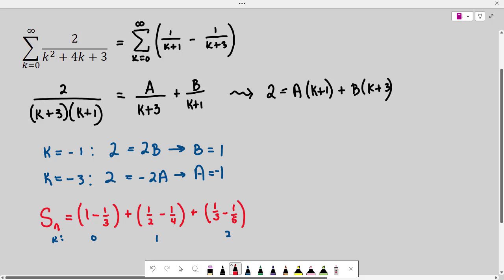Usually that's far enough to see the pattern. Maybe I'll go one more just to be darn sure. I'm going to plug in k equals 3. We get a fourth minus a sixth. So this is k equals 3.